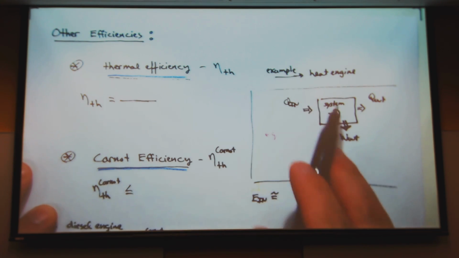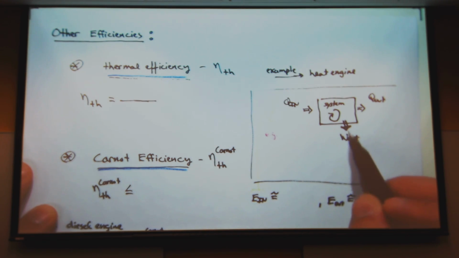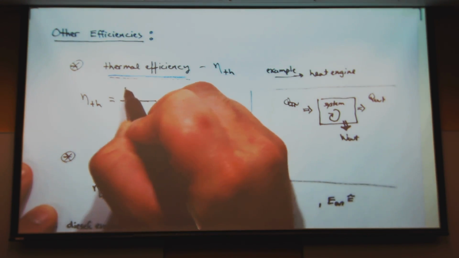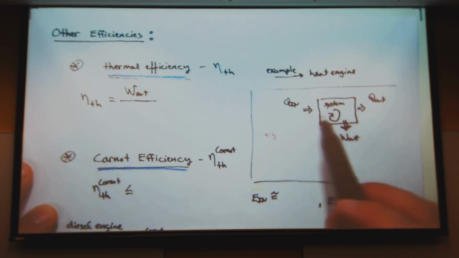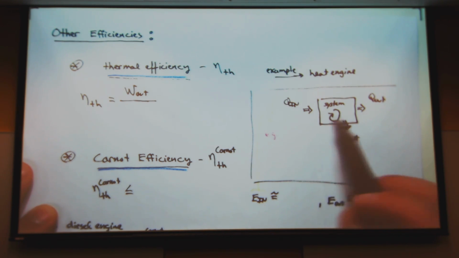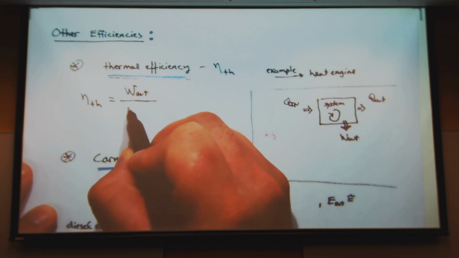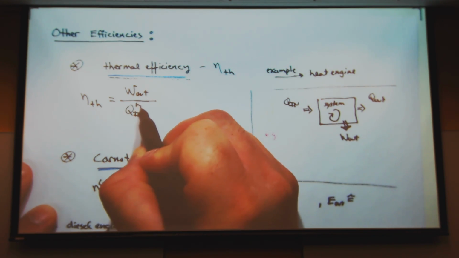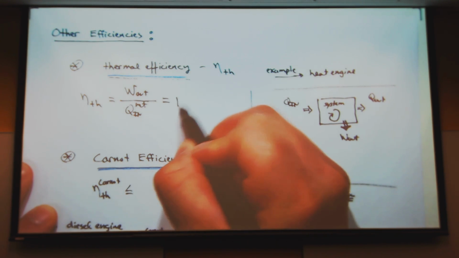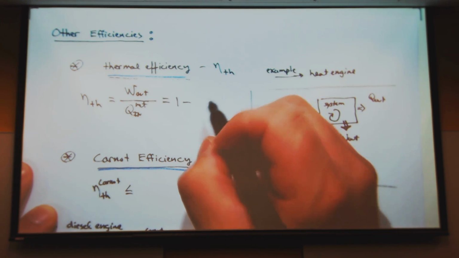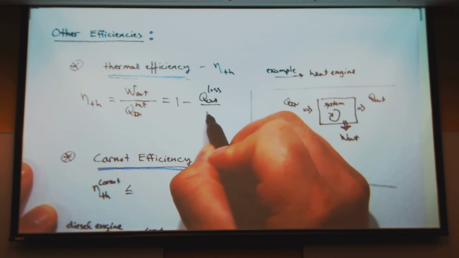This would be a heat engine. So what is it? Energy out, useful, is my work out, and my energy in, spent, is my Q in net. And then I can write it in another way: 1 minus Q out, loss, over Q in.